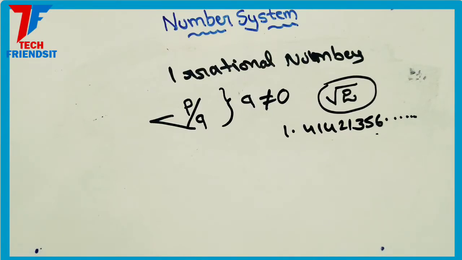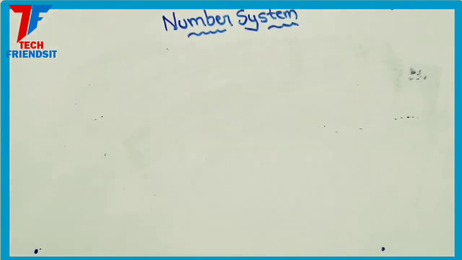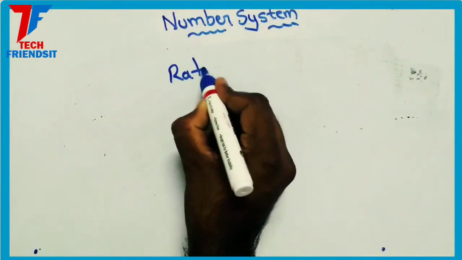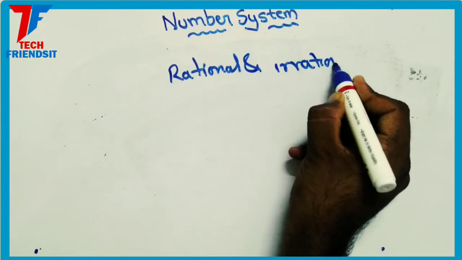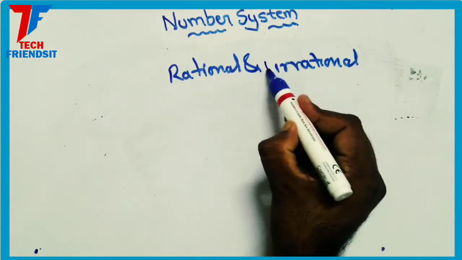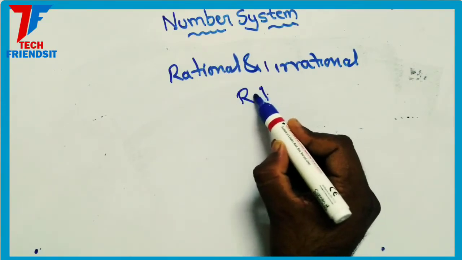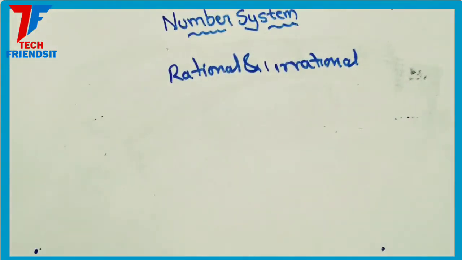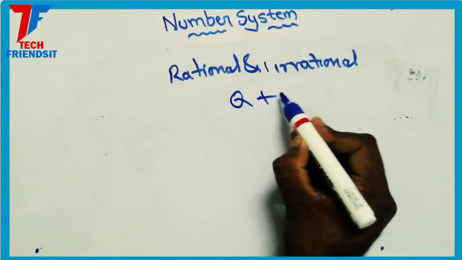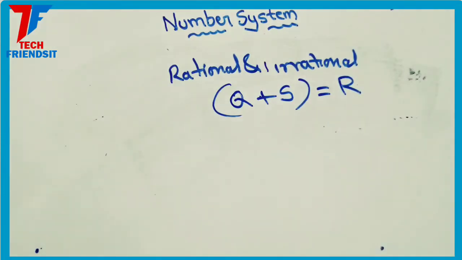Okay, next we'll see the real numbers. Rational and irrational numbers both together, rational numbers Q plus irrational numbers, are equal to real numbers.